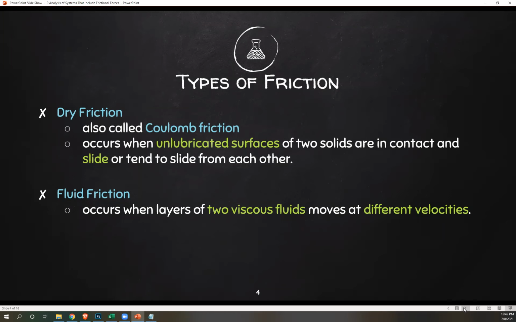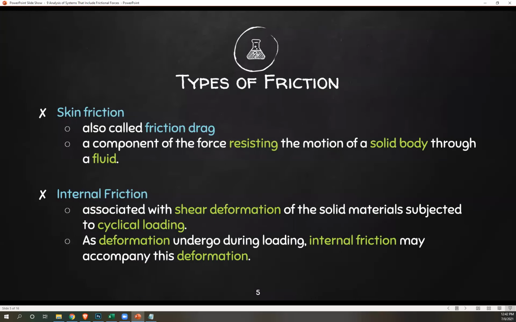The third type of friction is skin friction. It's also called friction drag. Okay? It's a component of the force resisting the motion of a solid body through a fluid. Now, drag is also one of the topics that you'll talk about more in hydraulics classes, or fluid mechanics class.